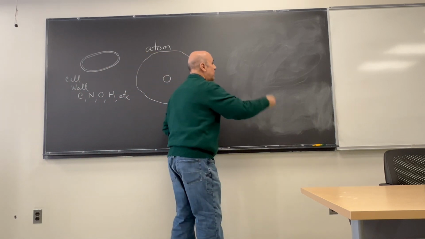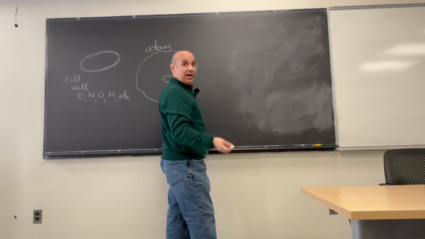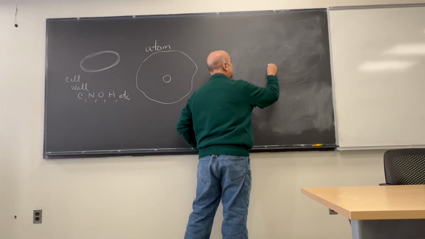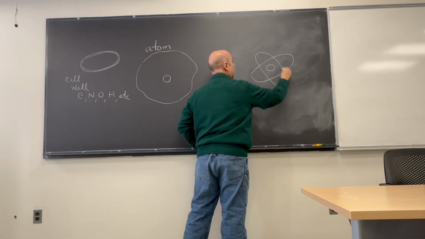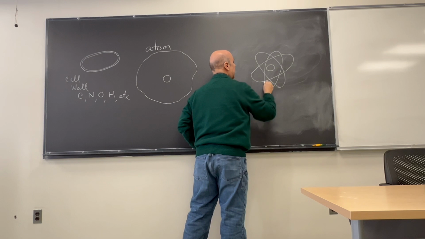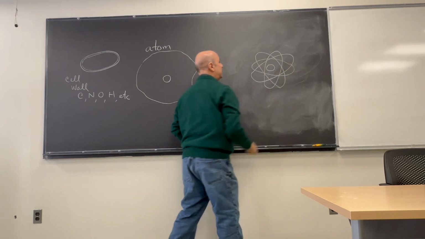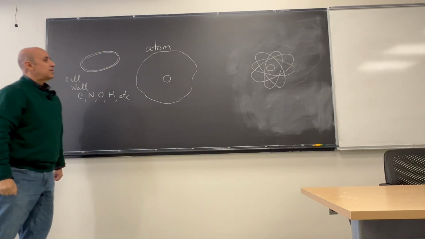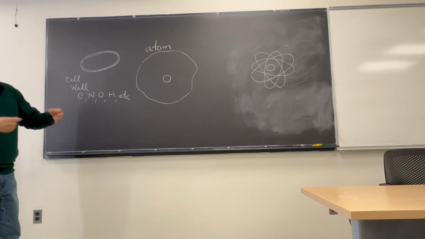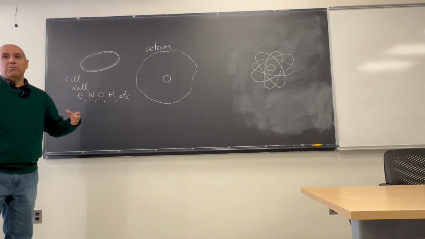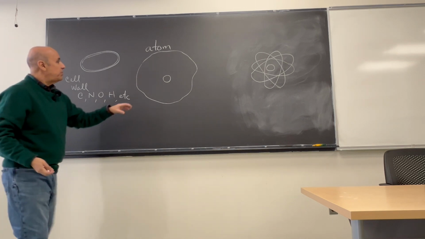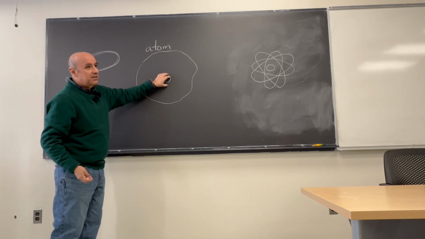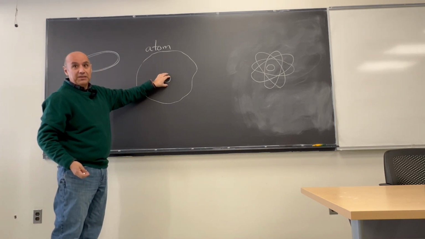Now, if you look on the internet, maybe even AI, you're going to see that they still draw atoms as having these elliptical circles around the center, the so-called orbits. Well, that's completely wrong as far as what we know now. The real picture is a little bit more like this, but this is still way off.